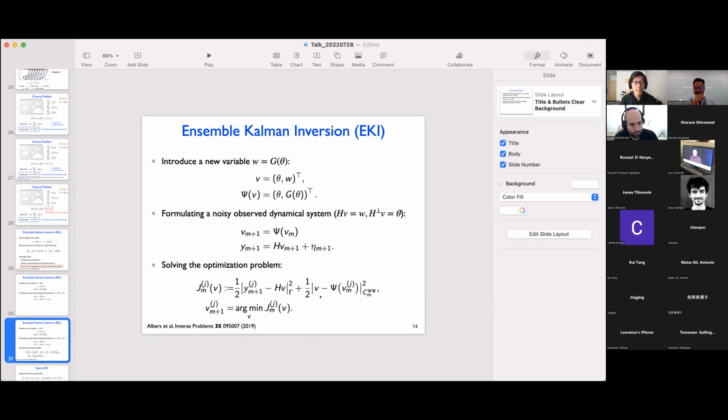It's this trade-off that we make in this optimization problem.